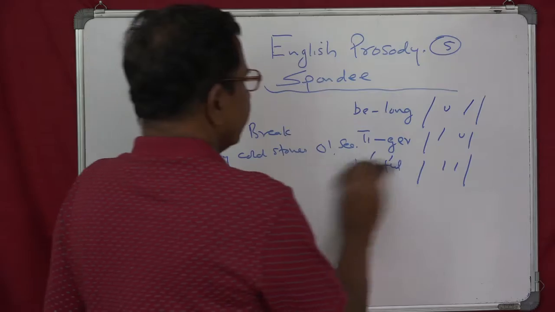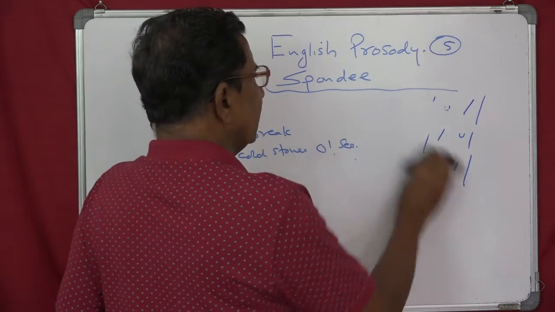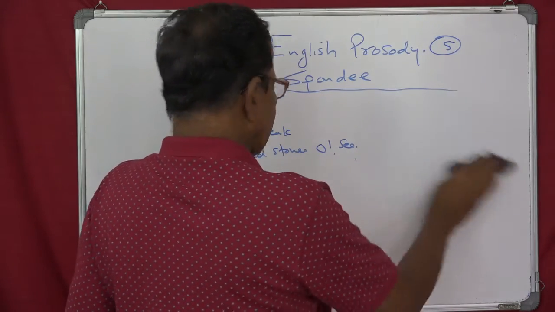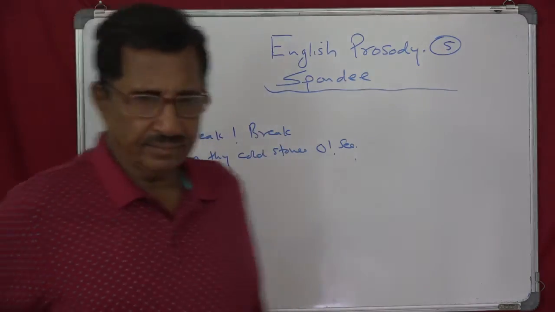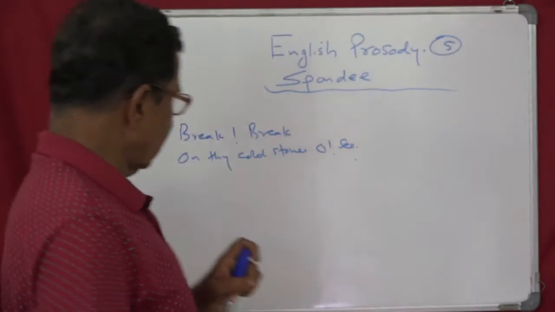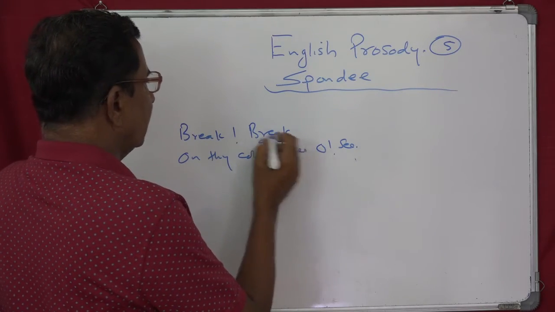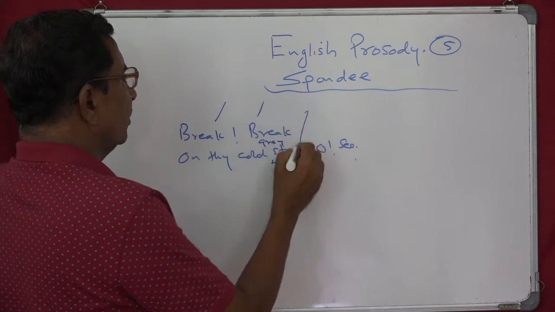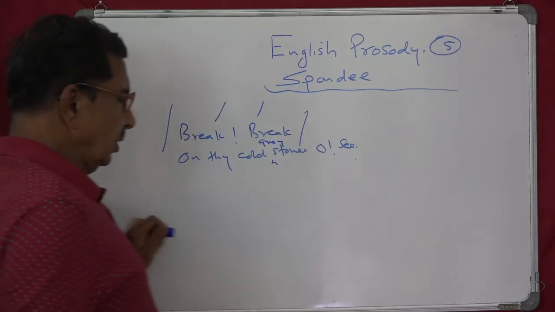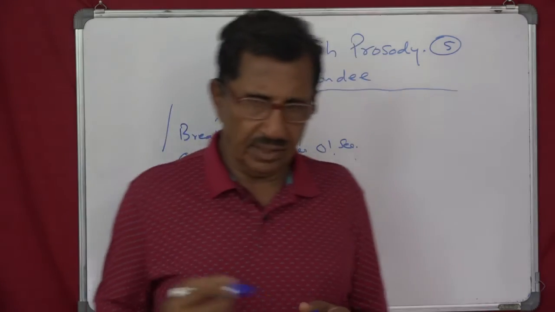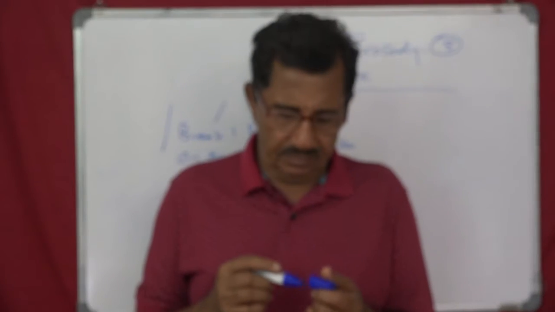Understand? So what happens is, it gives importance or stress to "break, break." "Cold grey stones," cold grey. So here there is only one metrical foot in these two. Others follow some other pattern.